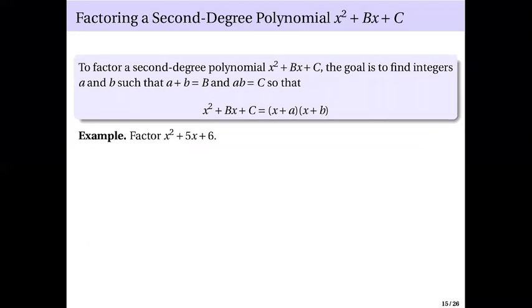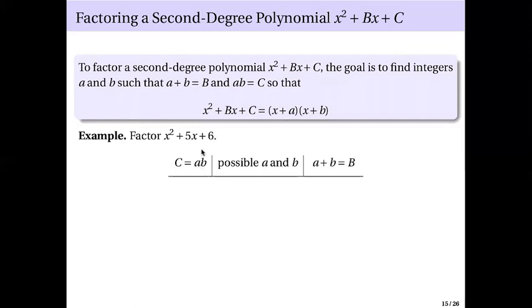Let's start with the first one. We want to factor x squared plus 5x plus 6. In here, capital B is 5 and capital C is 6. Capital C should be the product AB.